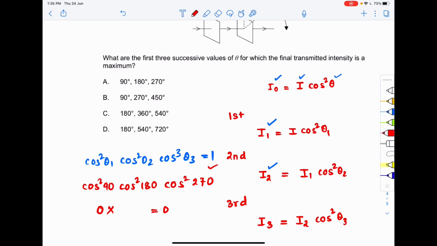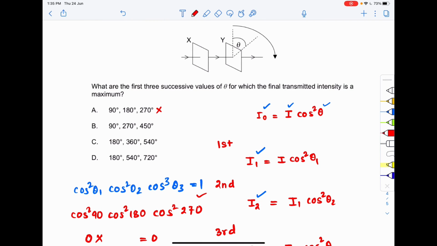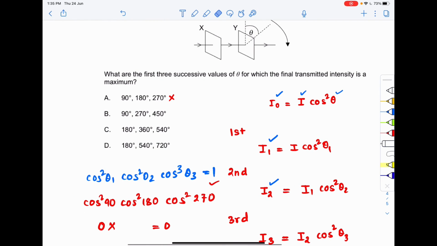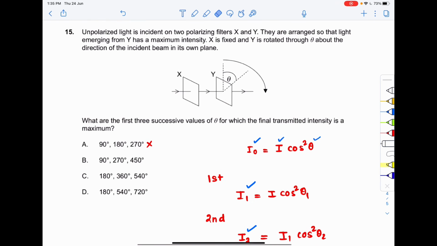So the first option is incorrect. Now proceeding on to the second option, see again it has 90, so cos square 90 will be 0, and again the total expression will become 0. So this is also incorrect.